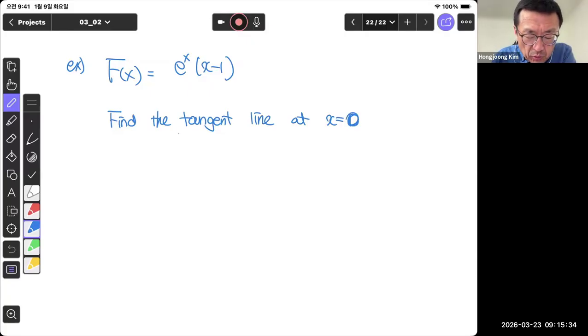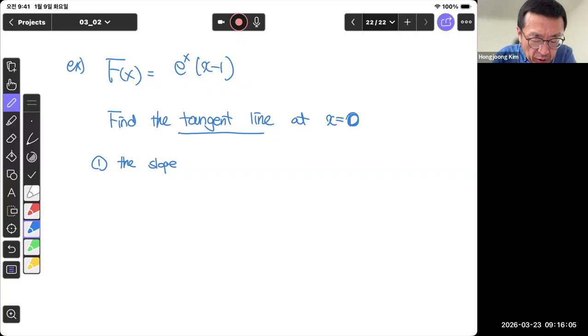In order to find the tangent line, we need to find the slope of the line. So in order to find the slope, we need to differentiate the given function and evaluate the derivative at 0, right? That will give you the slope of the tangent line.